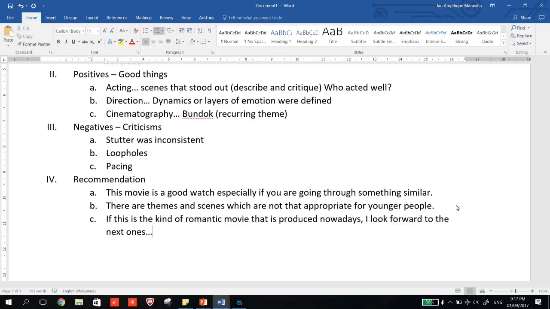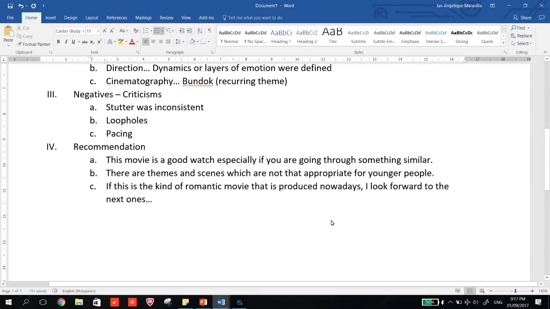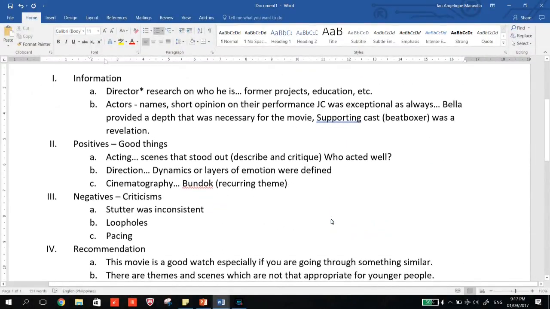O, mga ganon. Ibig sabihin nun, you're looking forward to more movies like this. So, instead of just saying na the movie was good job, parang ganon. Meron kang sinasabi na dagdag. And then you end on that note, on another note. Okay? So again, it's just an example. Hindi nga buo yung mga sentences. But I hope that you get my point. And I hope that is something that could help you out in the future.